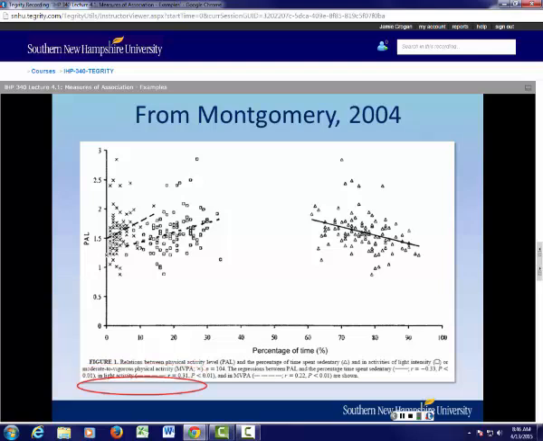And so this graph has 3 different variables, percentage of time being compared to physical activity level. We have percent time spent sedentary on the far right hand side in the little triangles, percent time spent in light activity in the squares, and percent time spent in moderate to vigorous activity.